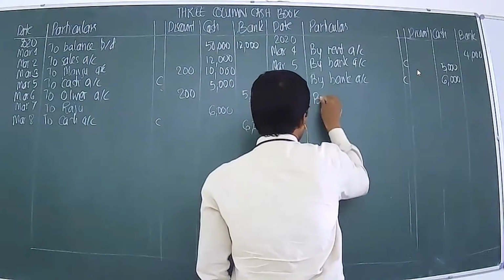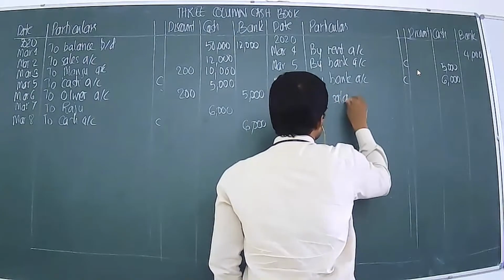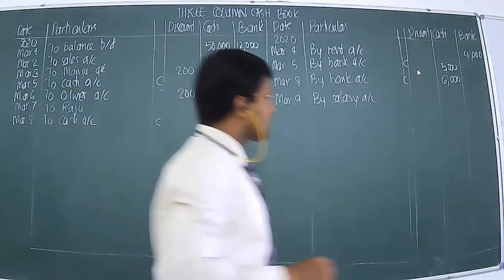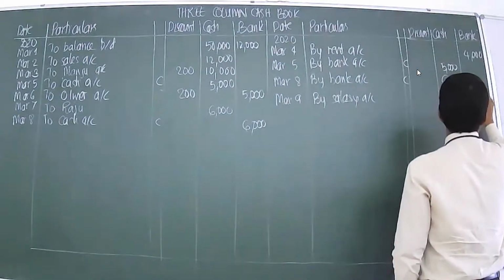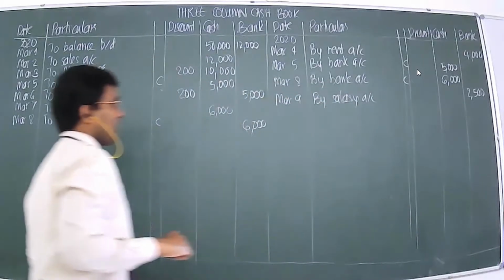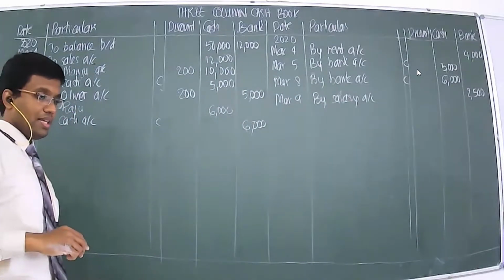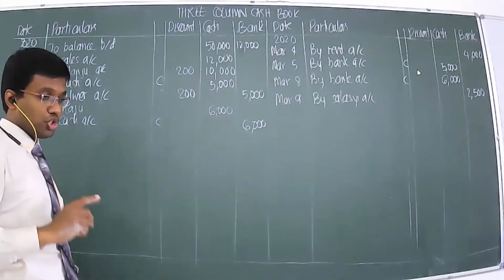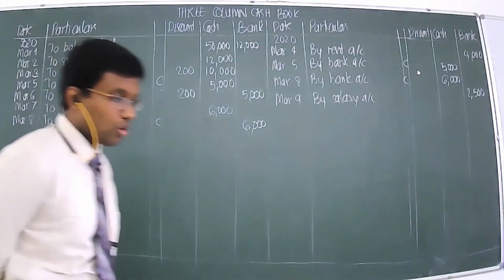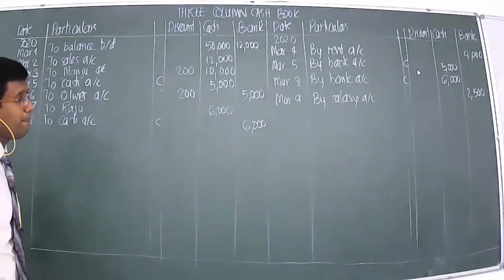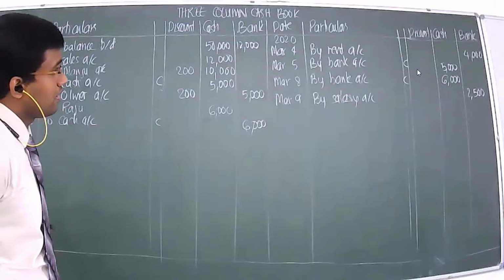By salary account, and the amount is 2,500. March 9th, by salary, and since you're paying by check, the money should be going out from your bank account itself.